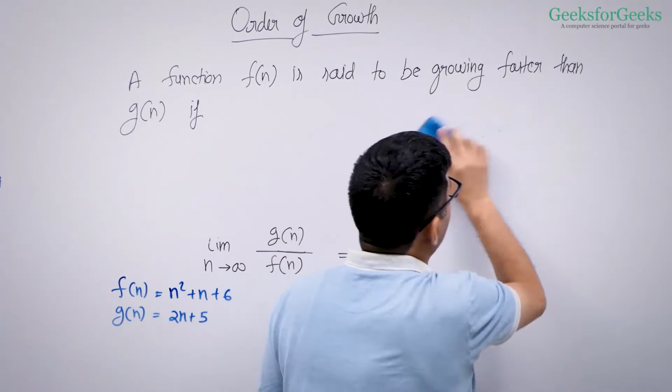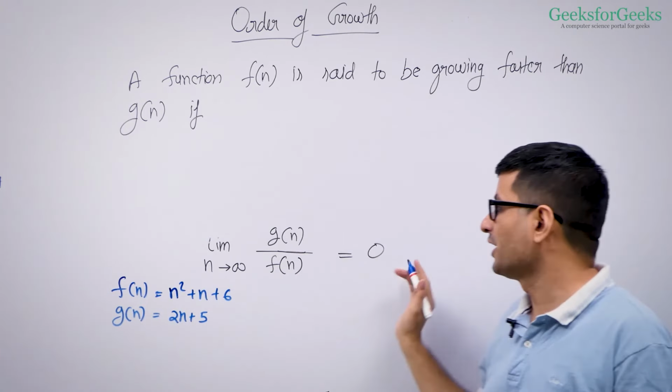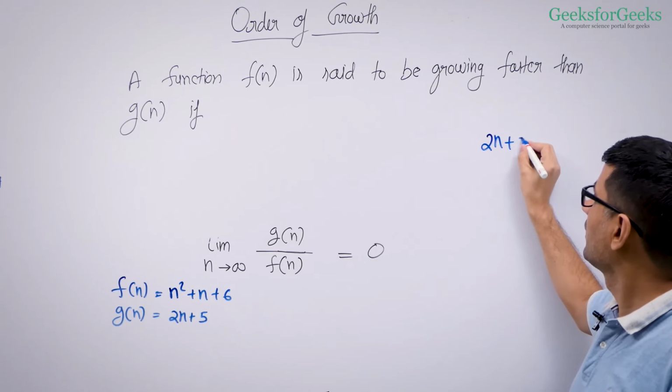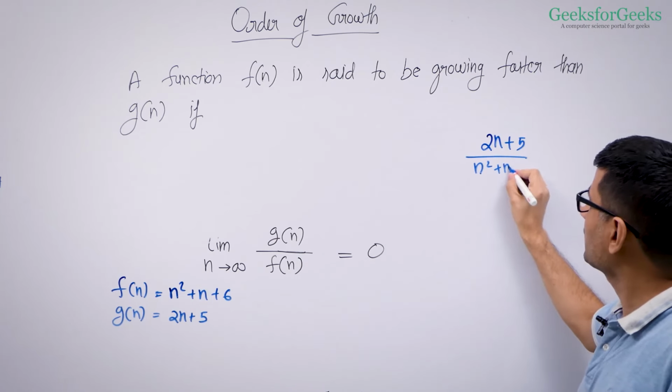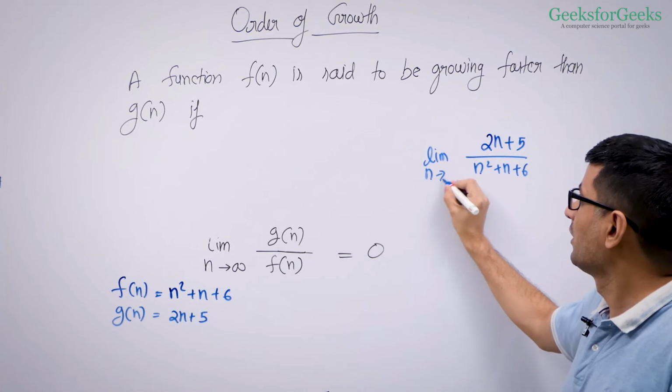So let's compute the value of this expression: G(n) divided by F(n) when n tends to infinity. So we have 2n plus 5 divided by n square plus n plus 6, and we are talking about the limit as n tends to infinity.